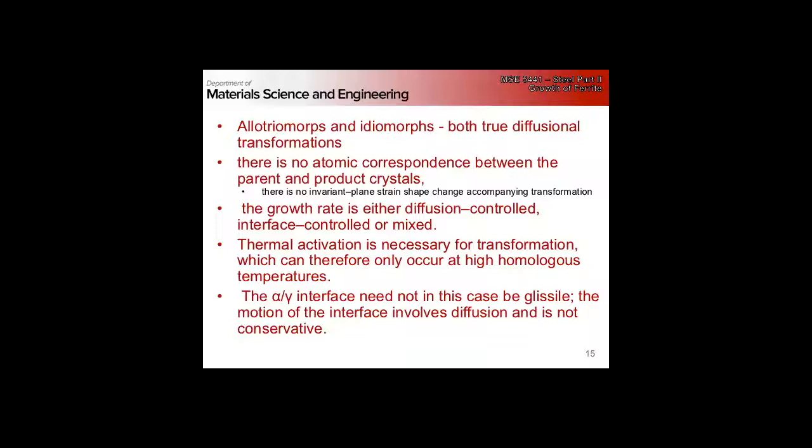There's no invariant plane strain shape change like there is for Widmanstätten or martensite or bainite, and the growth rate is going to be controlled by classical mechanisms, right? Either diffusion, right? How fast can we move the carbon out? Or interface, how mobile is our interface, or is it going to be some mix of both, right?